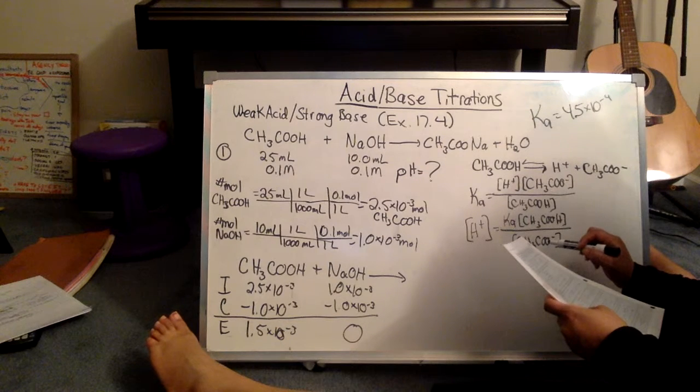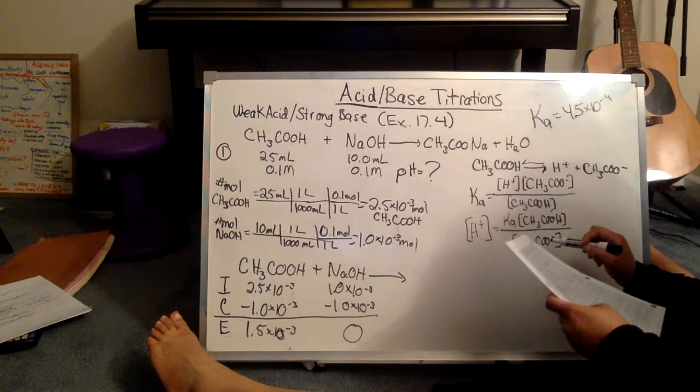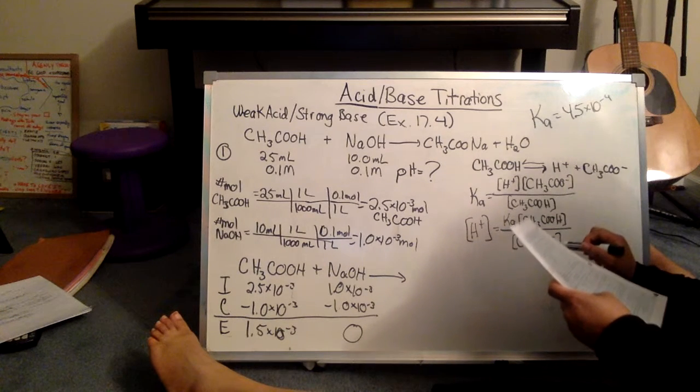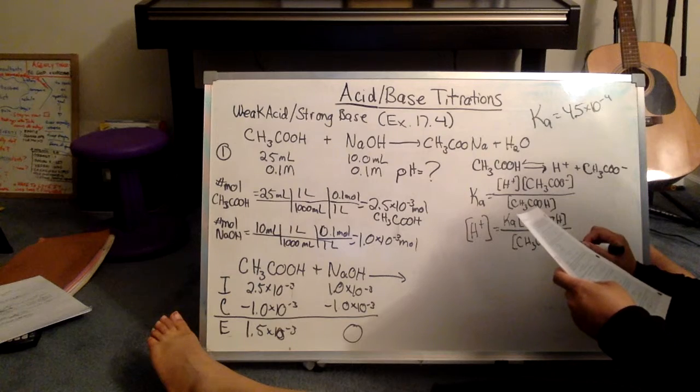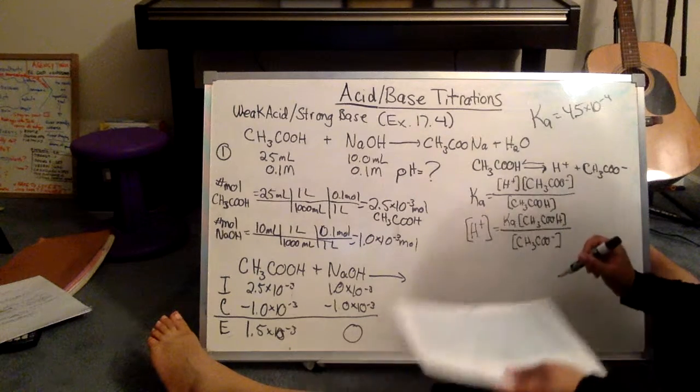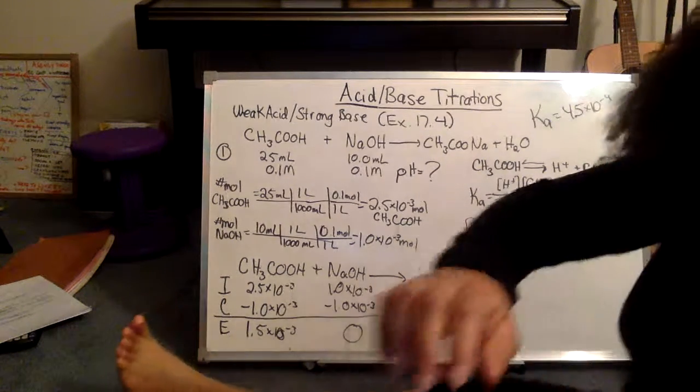For the concentration of conjugate base, it's 1.0 times 10 to the minus 3. And for the Ka of acetic acid, they're saying it's 1.8 times 10 to the minus 5. So I've got to figure that out. We're going to put a pause and come back. To be continued.